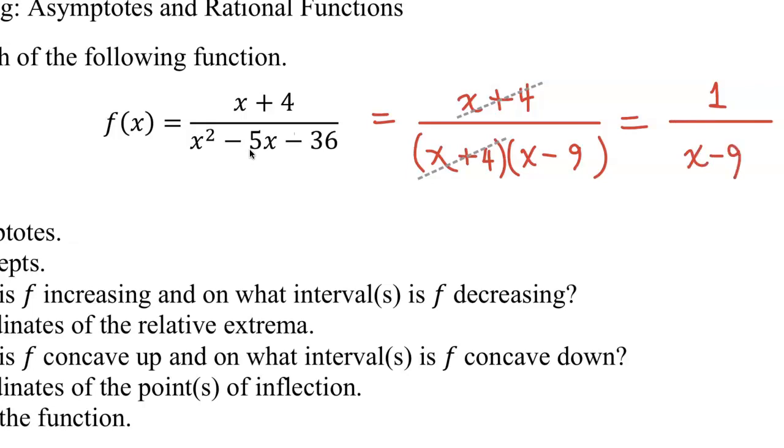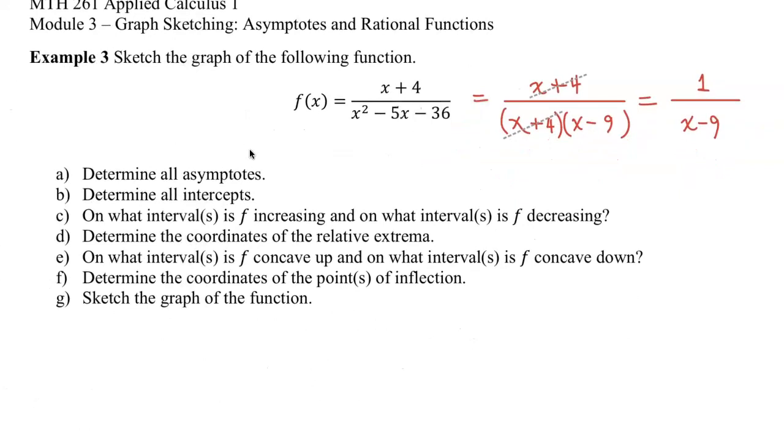So it only has one vertical asymptote. The vertical asymptote is at x equals positive 9, because 9 is the number that will make the denominator 0.